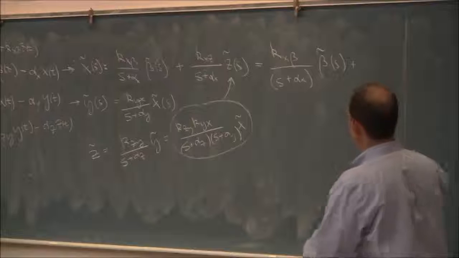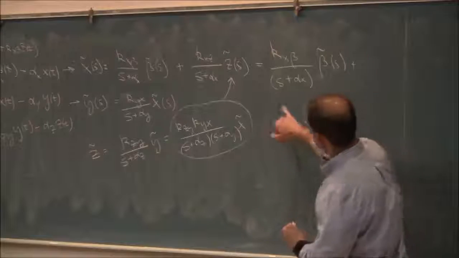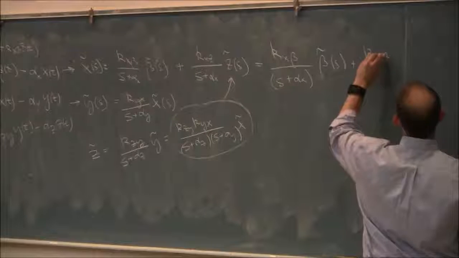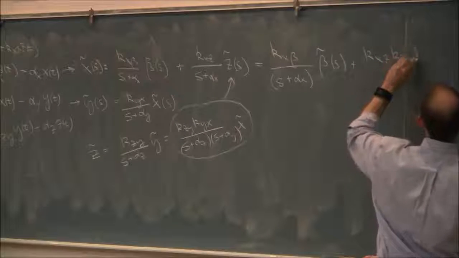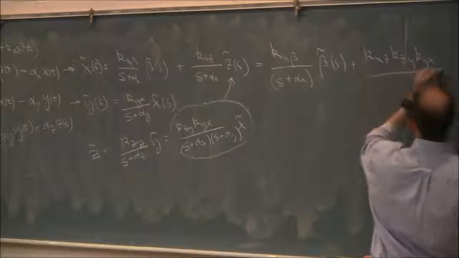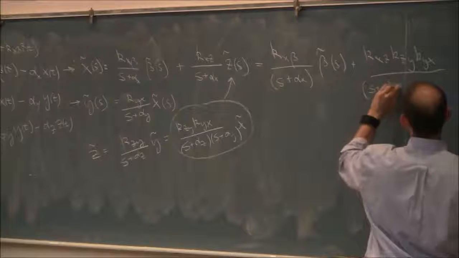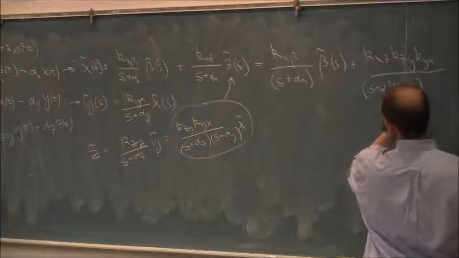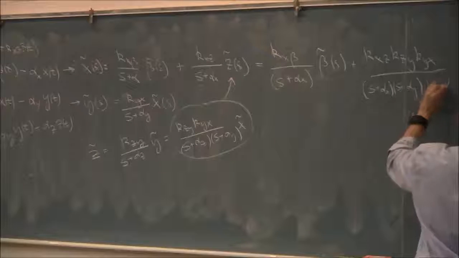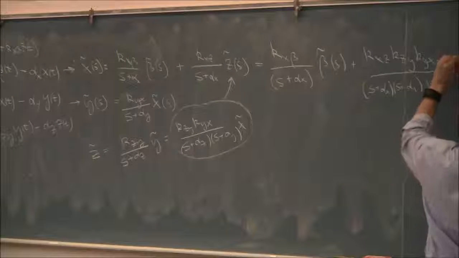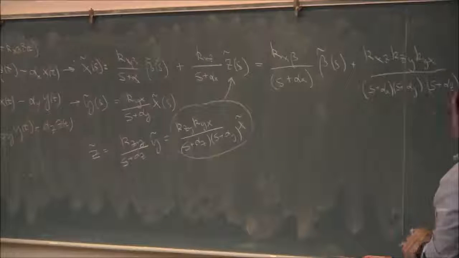All right, so now we have this term to put in. So we have k_xz, k_zy, k_yx divided by s plus alpha_x, s plus alpha_y, s plus alpha_z, X of s.